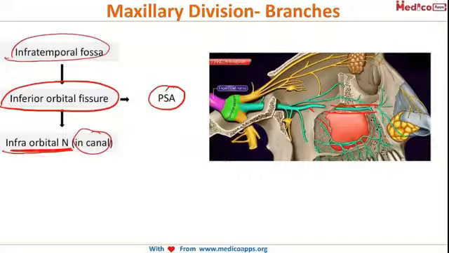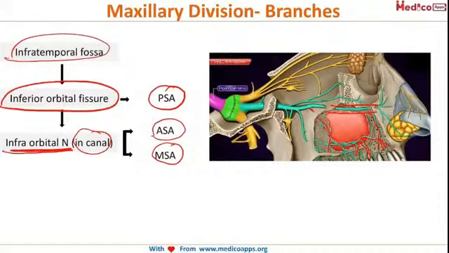Okay, now this nerve gives out two more branches called the anterior superior alveolar and the middle superior alveolar branches. So here we have this nerve giving out the anterior superior alveolar branch and the middle superior alveolar branch. And this, as we learned, was the posterior superior alveolar branch.